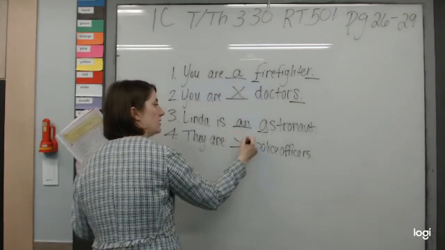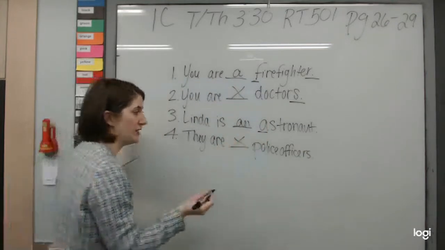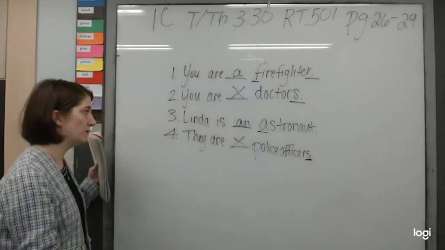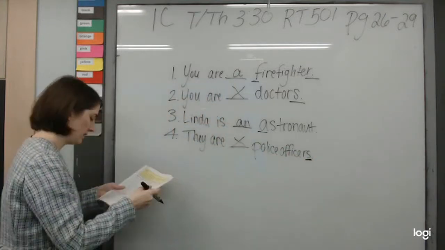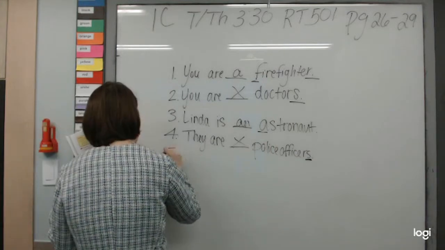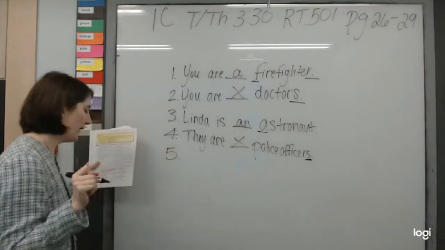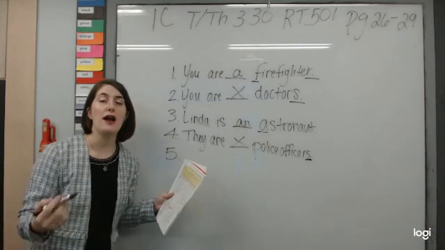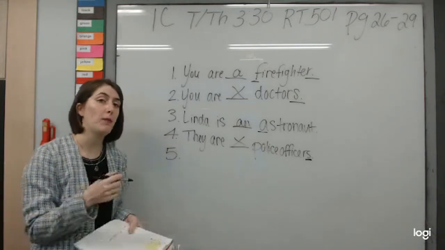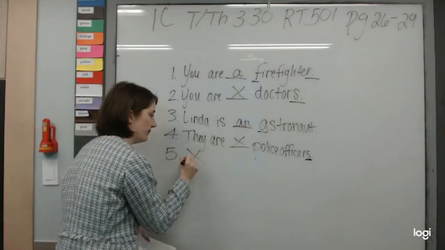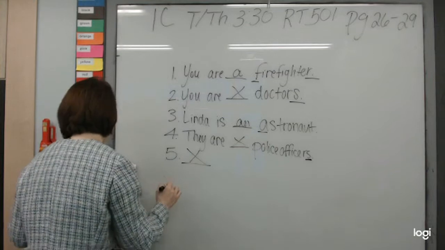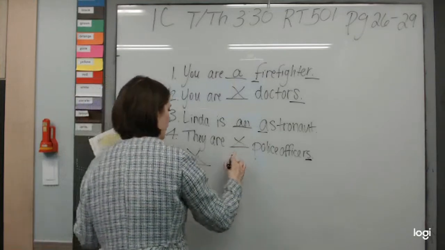They are police officers. S tells us more than 1. Okay? So 5, we are hairdressers. We are hairdressers. We, more than 1, put an X in the space. Okay? Number 6.